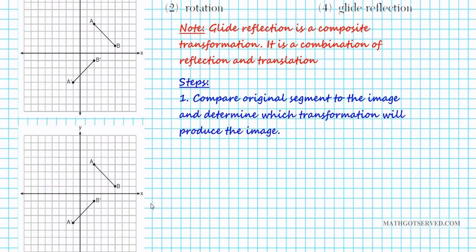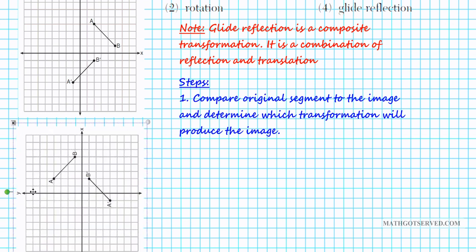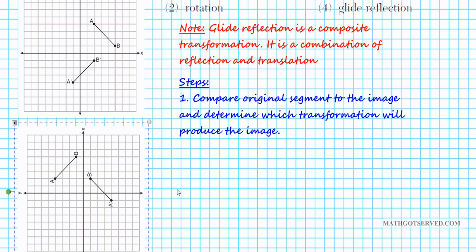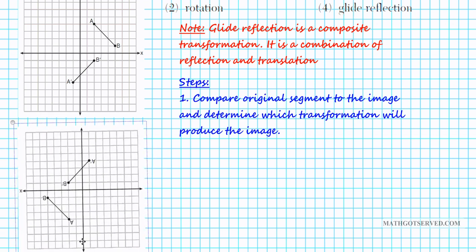Notice how AB is right here. If I rotate AB 90 degrees, does it look like this? The answer is no. If I carry out another rotation, 180, B would be on top and A on the bottom.